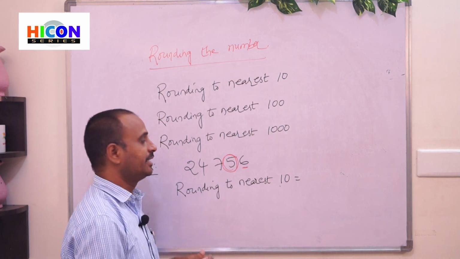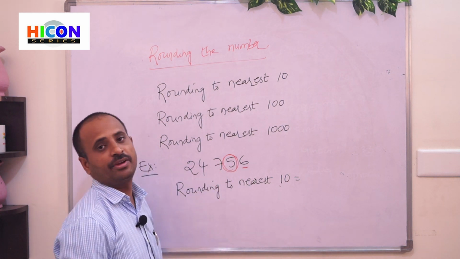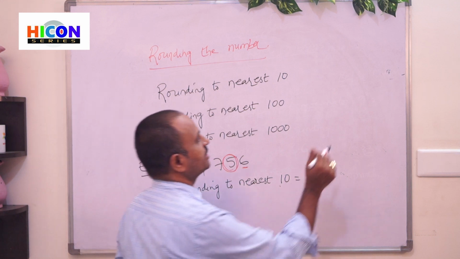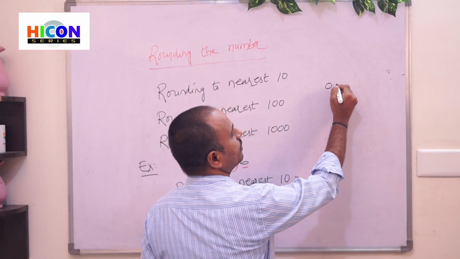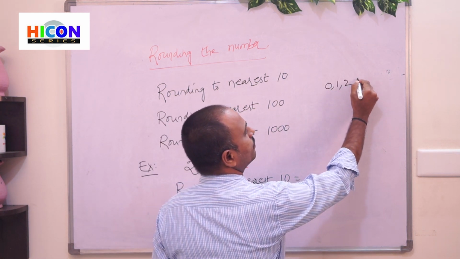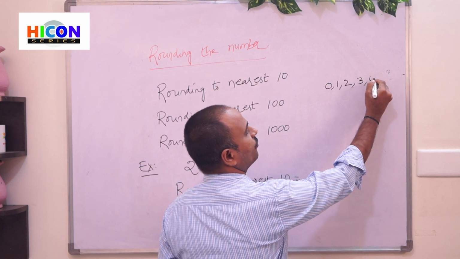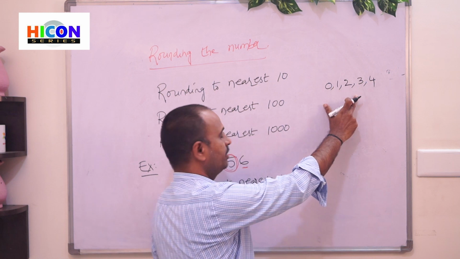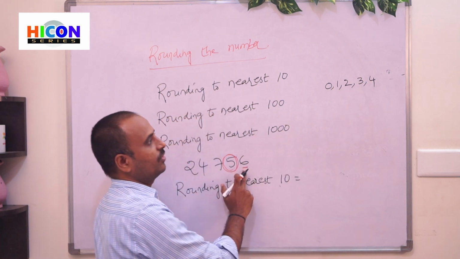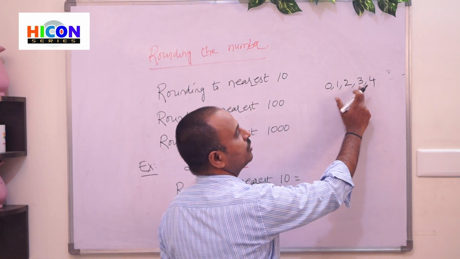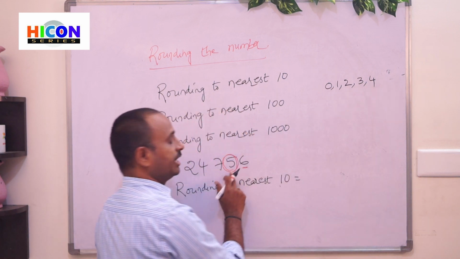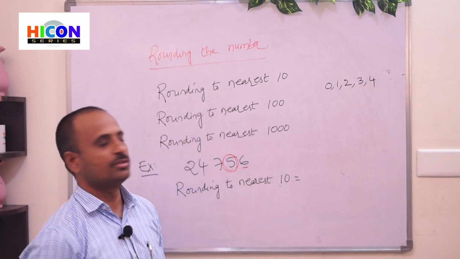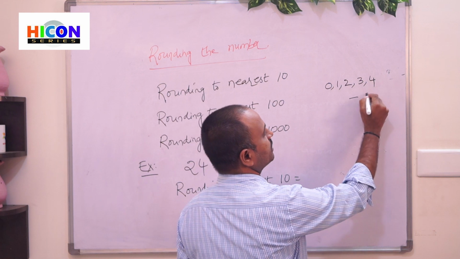If the next digit is less than 5, that is, if the next digit is one of 0, 1, 2, 3, 4, then keep the same tens. So no change in the tens place.